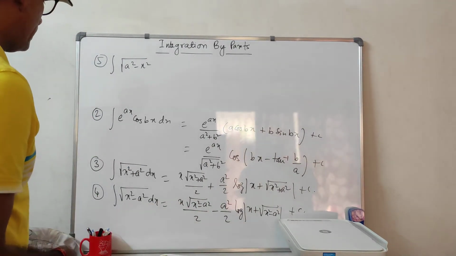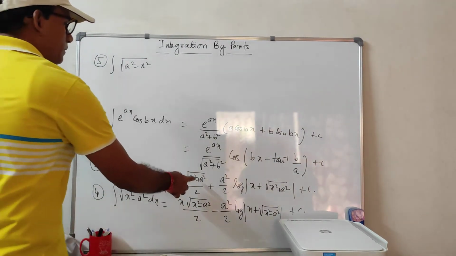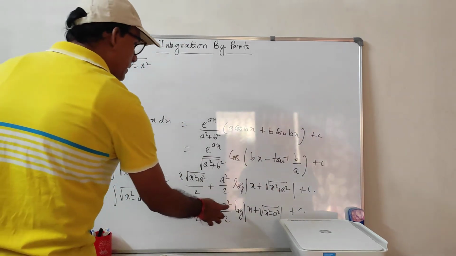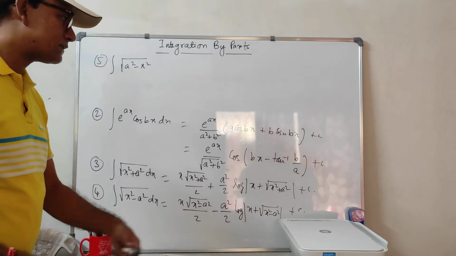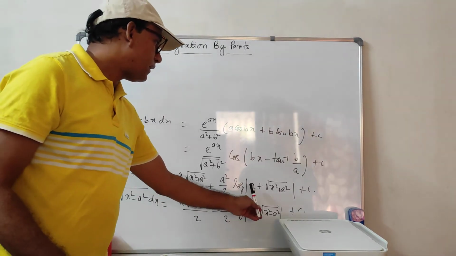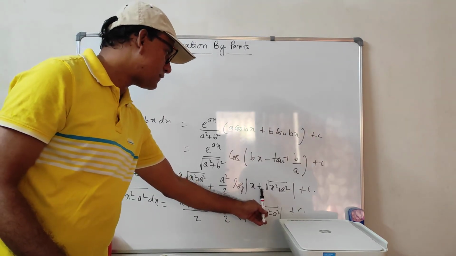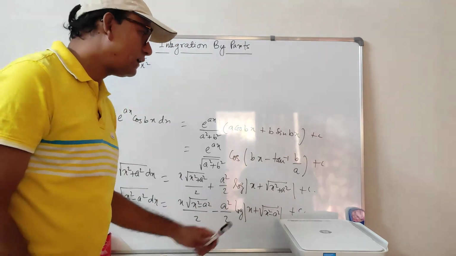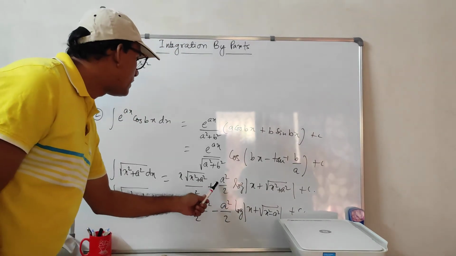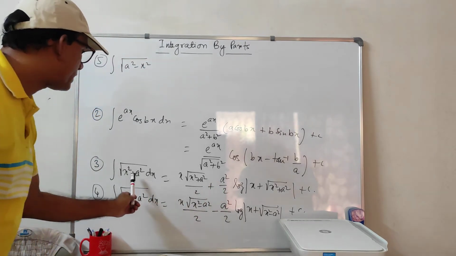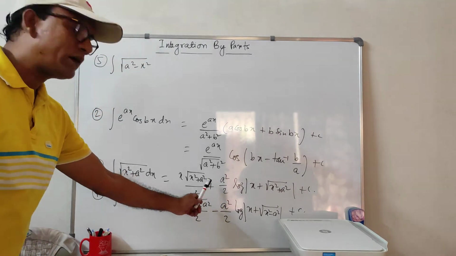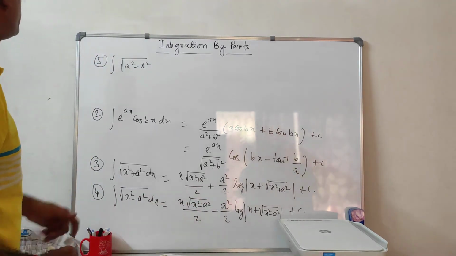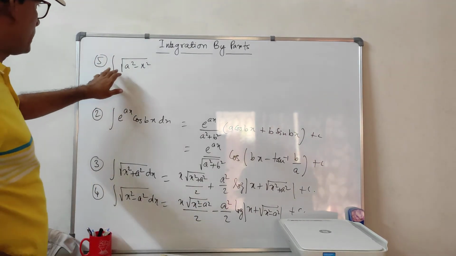But in both the cases, under logarithm, x plus will come. This is the similarity. It is plus, it is minus. If it is plus here, it will be plus. If it is minus here, it will be minus. And this is completely different.